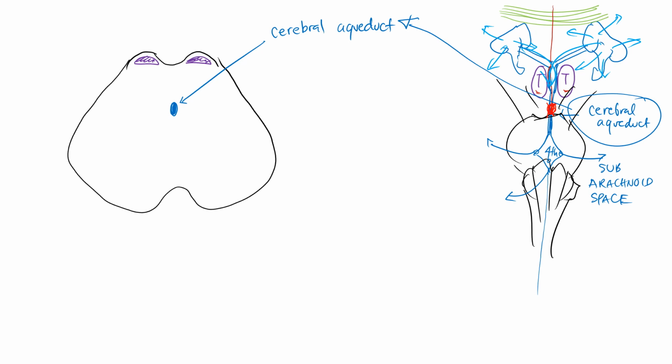Now, so going back, let's go back to your midbrain. Now, we just described a very important landmark. Now, there's another landmark. There's a belt of tissue.